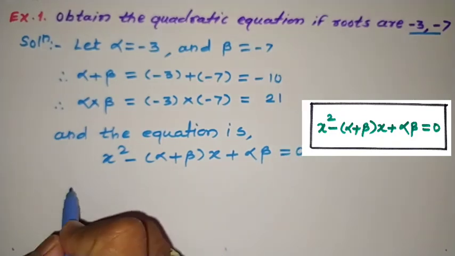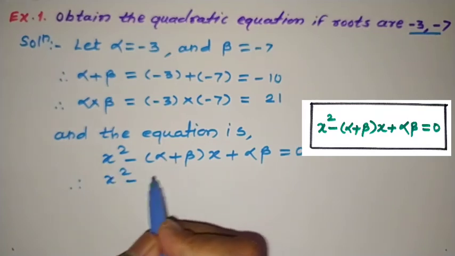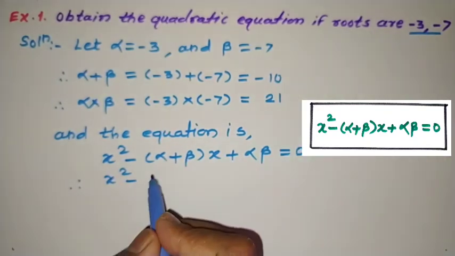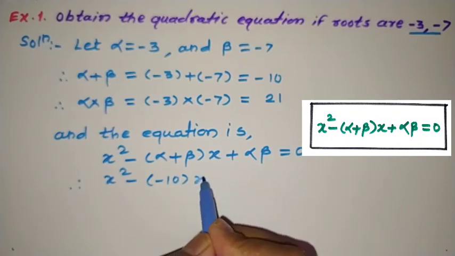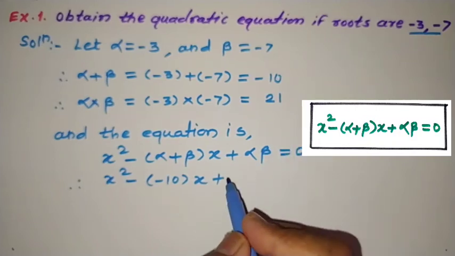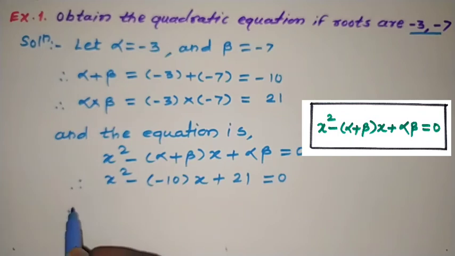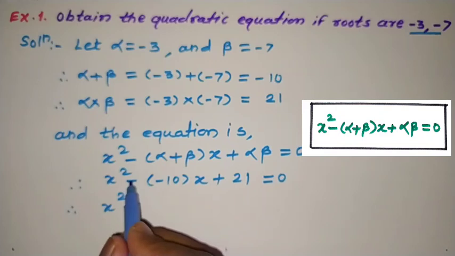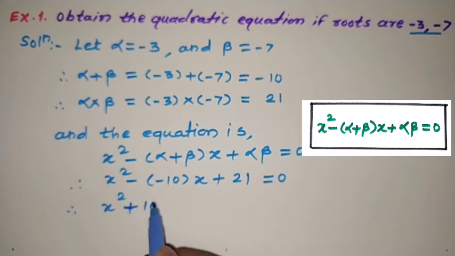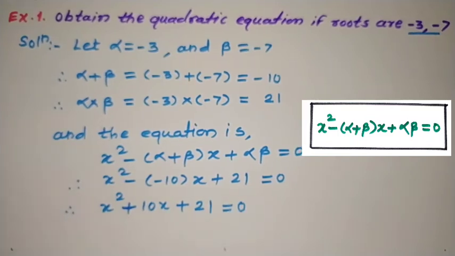Putting the values in this equation, x square minus (-10) into x plus product of two roots, alpha into beta, which is 21, is equal to 0. Therefore, x square plus 10x plus 21 is equal to 0. This is the equation.